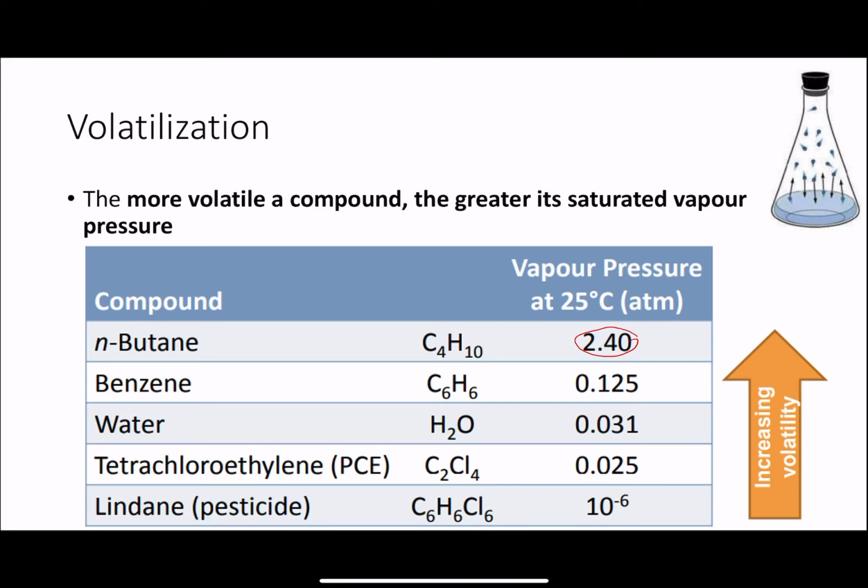While if you go to lindane, a pesticide they use for agricultural use, it is 10 to the minus 6. So you'd expect that if you throw this on plants, this one is not volatile. 10 to the minus 6, that's very small. The vapor pressure is very small. While here, if you put it in water, this will be highly volatile. Benzene is next, and then of course water and PCE.